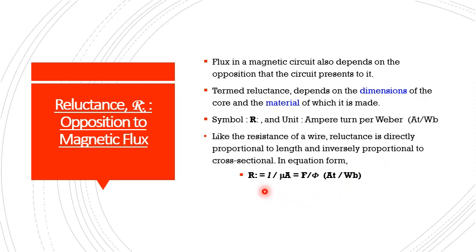Like the resistance of a wire, reluctance is directly proportional to length and inversely proportional to the cross-sectional area. In equation, R equal to L over mu A, or F divided by phi.